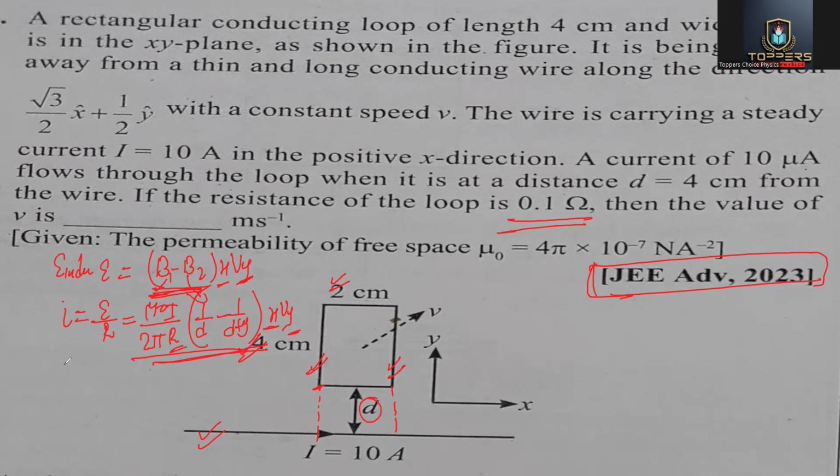So look here. They have given a current of how much? 10 micro ampere. So current will be 10 to power minus 6 ampere.